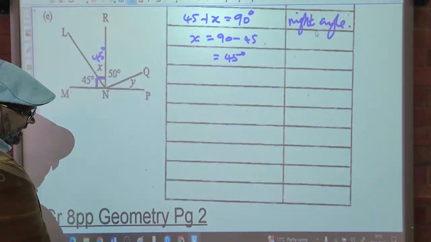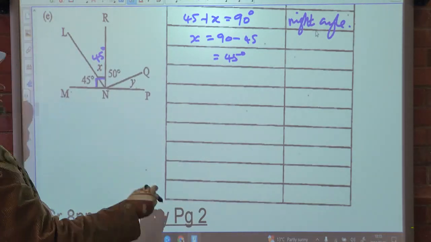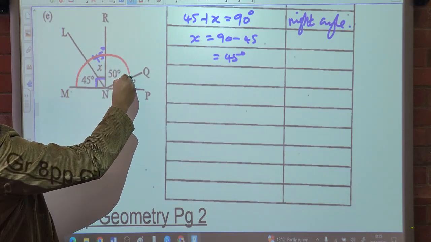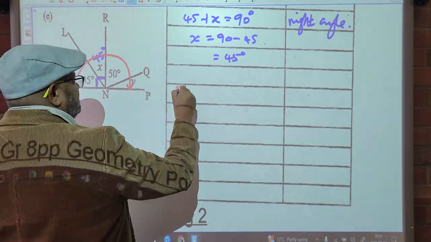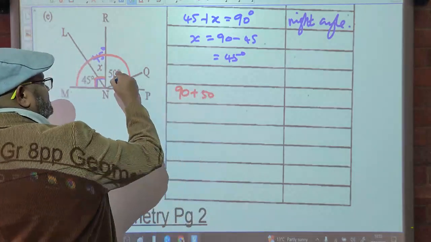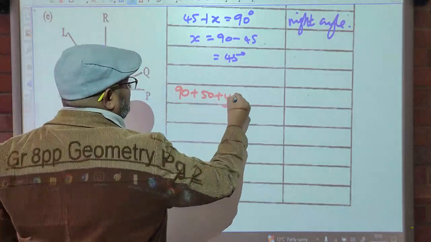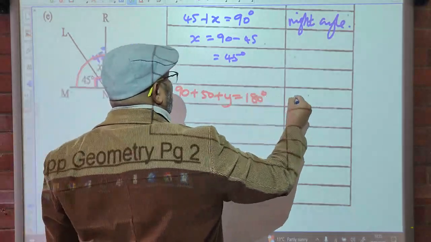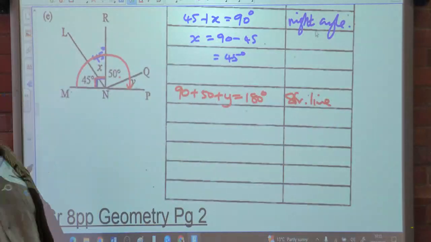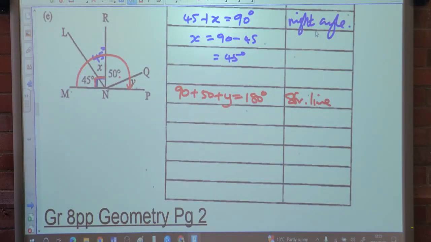Now to calculate y, what can I do? I can say 45 plus 45, or 90, plus 50 plus y. 90, which is this 90 here, plus 50, which is that angle there, plus y is equal to 180. Why? Straight line, or adjacent supplementary, or whatever you understand.